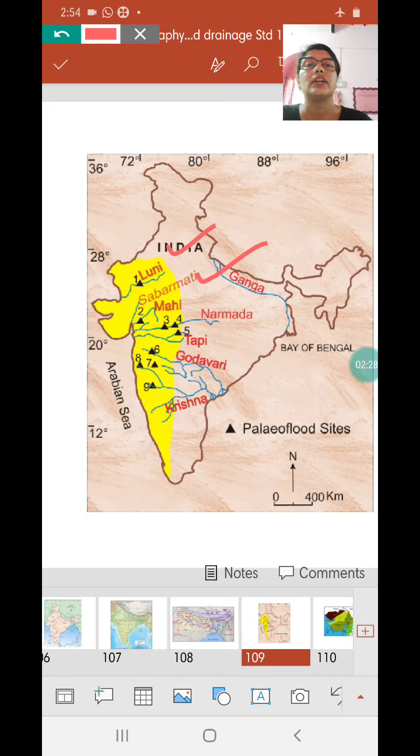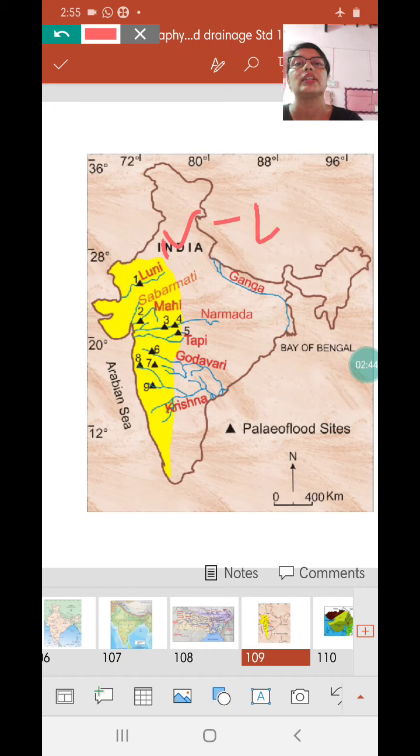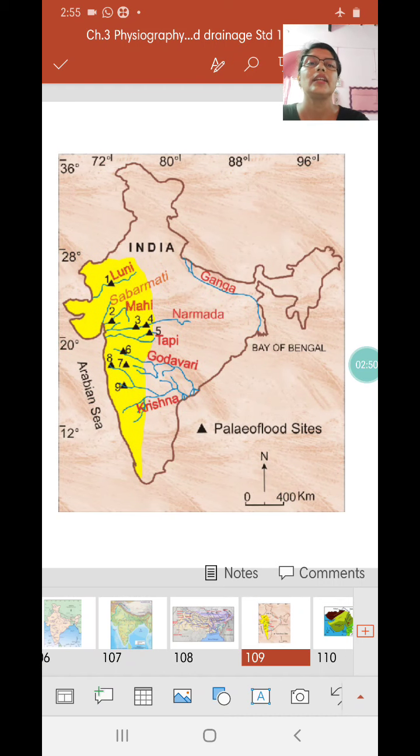They both originate in Rajasthan in Aravalis. Luni, they can ask you for direction. Any river, in fact, can be asked for direction. The direction of river Luni is from northeast flowing towards southwest. On the other hand, river Sabarmati flows from north to south. And they originate in Aravalis in Rajasthan.